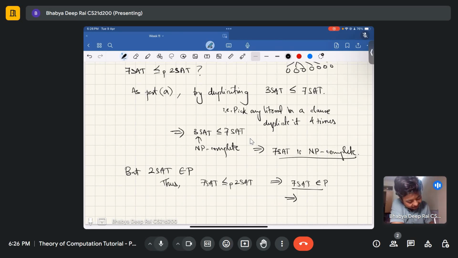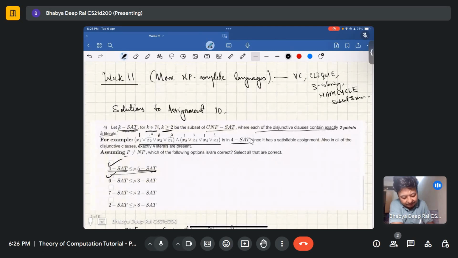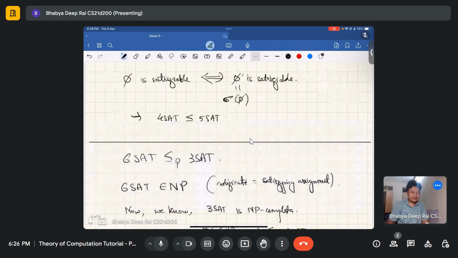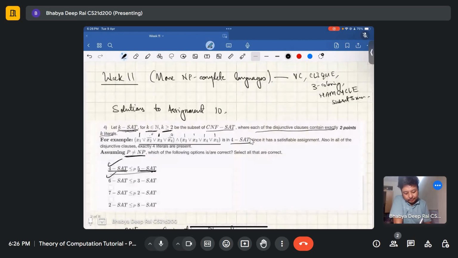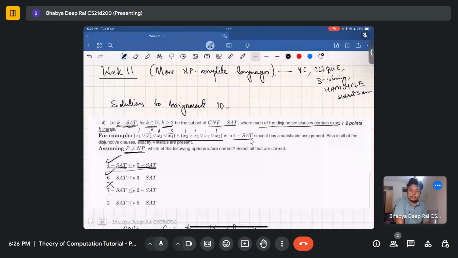So this means that P is equal to NP, which is a contradiction, because the question says assuming P is not equal to NP. So this kind of thing is not possible. Okay. Finally, 2 sat reduces to 8 sat.